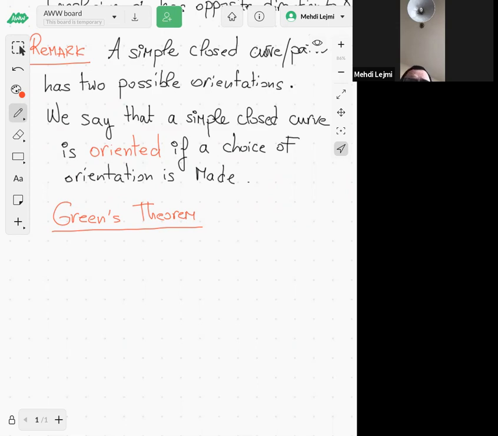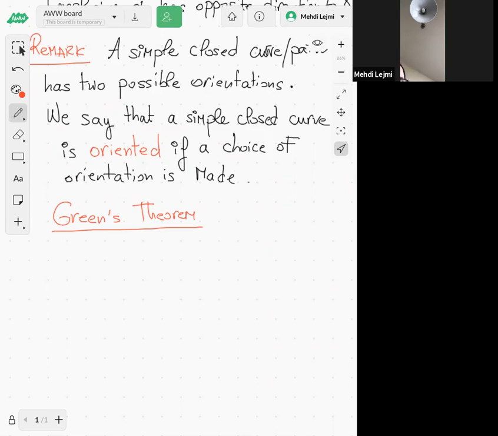And then we're going to have some examples and exercises. There are different ways to formulate this Green's theorem. I'm going to start with a very simple formulation, and then at the end of the lecture I'm going to try to reformulate it. So the first formulation is the following.